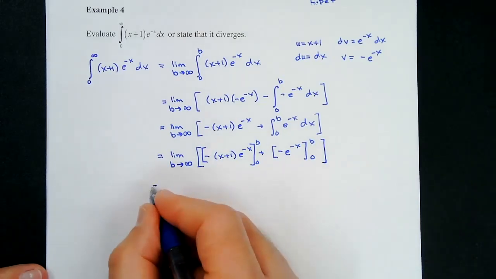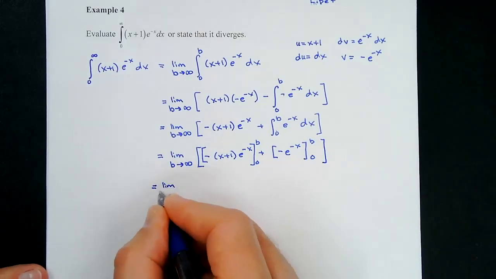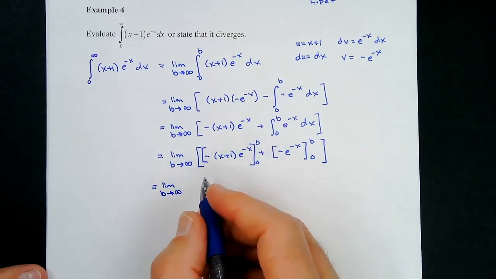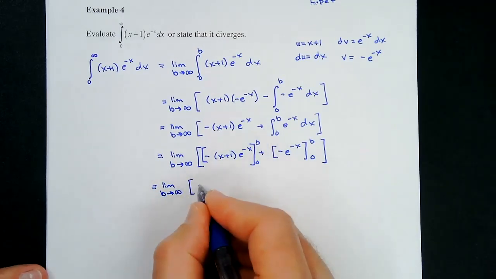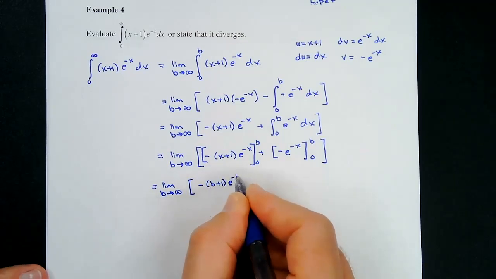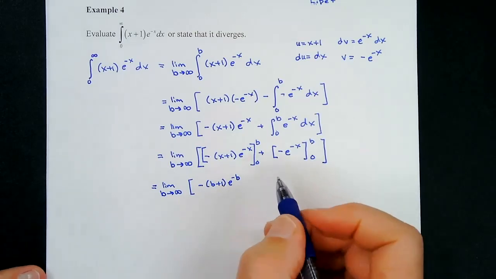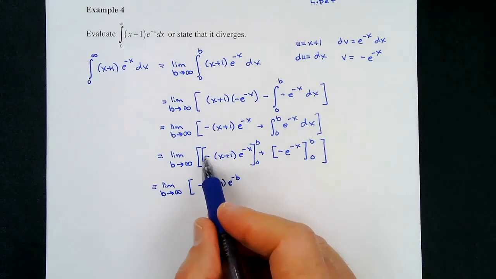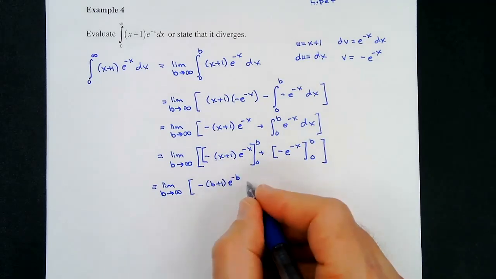And so this becomes the limit as b approaches infinity. If we put b in here, this would be negative b plus 1 e to the negative b. And then we're going to minus, but we're going to minus a negative, right? Because this is going to be negative. So that's actually going to become plus.